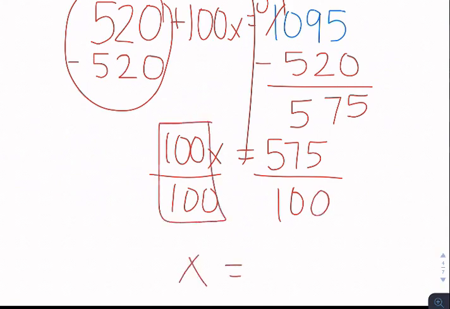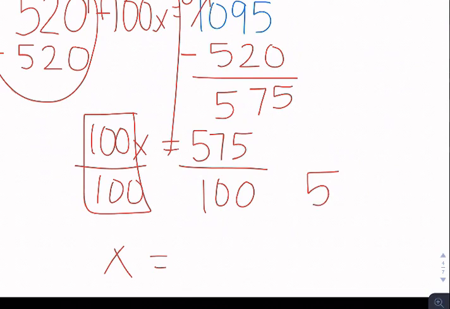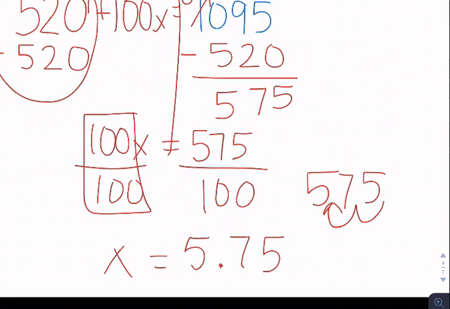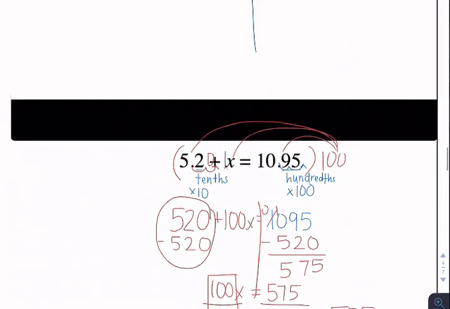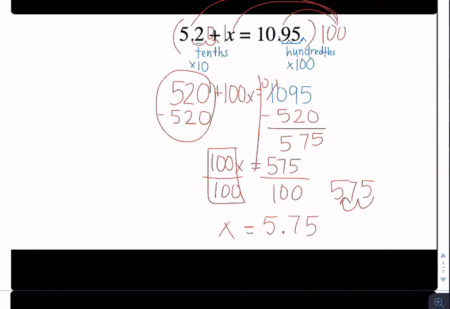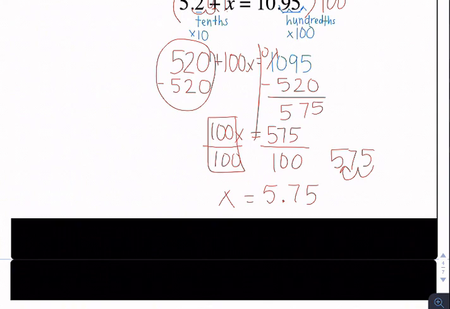I don't want to know what 100x is. So, just a little trick for you. If you are dividing by 100, it's moving your decimal 2 places to the left instead of 2 places to the right. So this would be 5 and 75 hundredths. So same answer as we got up top, but I got rid of my decimals. So it just really depends on how comfortable you are with your operations with decimals.